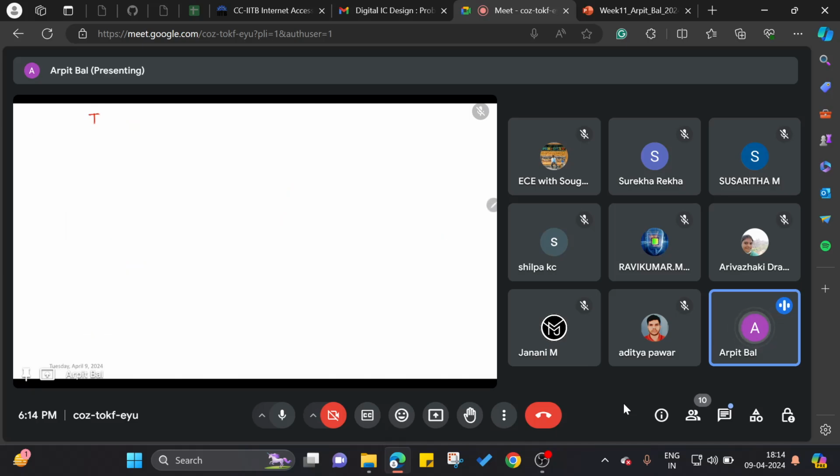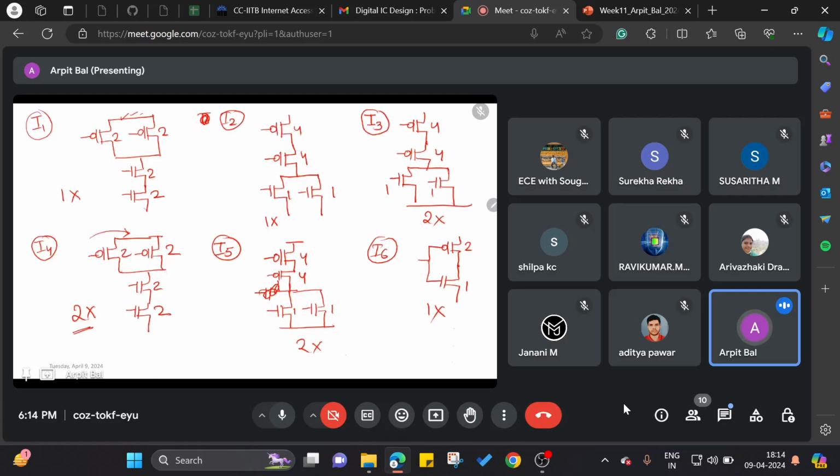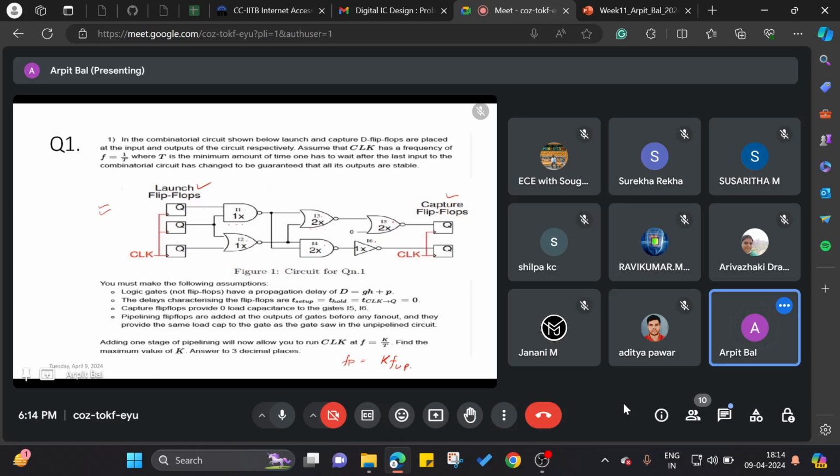Let me draw a table: I1, I2, I3, I4, I5, I6, starting with C load. C load is the load capacitance seen by each of the gates. Note here, this information is going to be useful: capture flip-flops provide zero load capacitance to the gates I5 and I6.